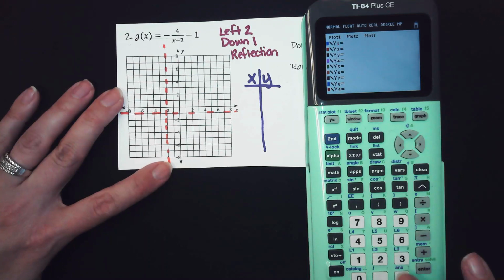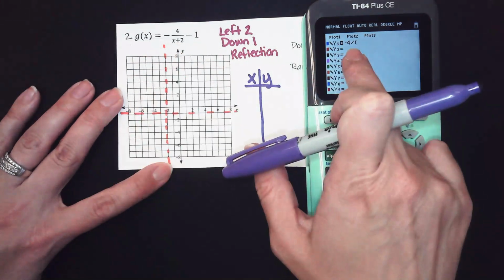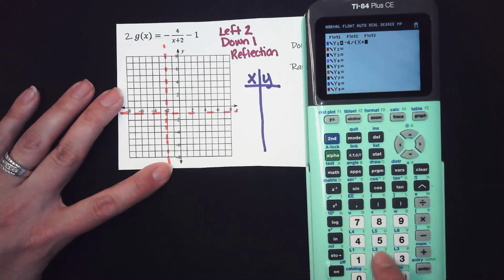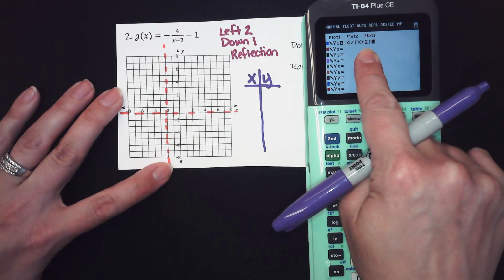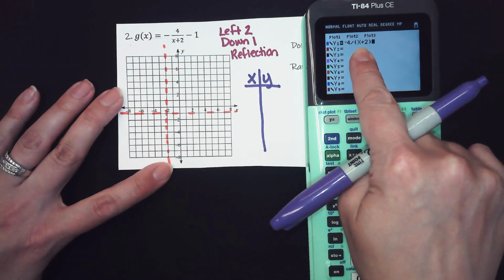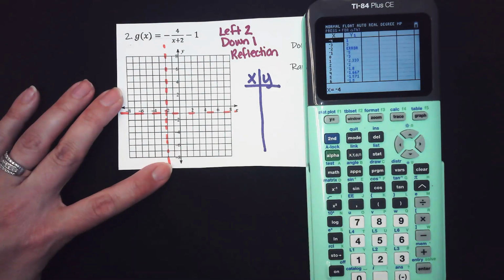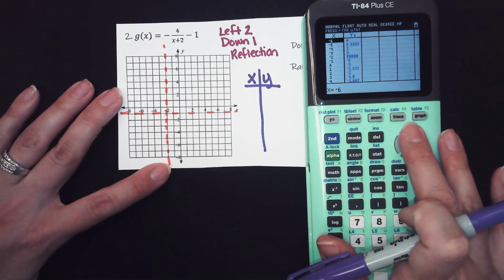That's fine. But I have negative 4 divided by, and I need to put this x plus 2 in parentheses, or it doesn't leave that plus 2 in the denominator, okay? So put x plus 2 in parentheses when you divide by it, all right? And then we have a minus 1 on the end of the equation. So if I go to my table, let's get a few more numbers here.